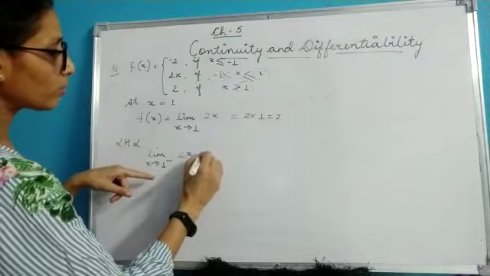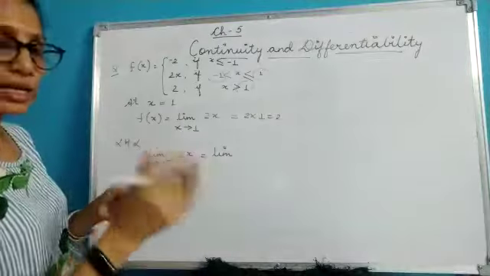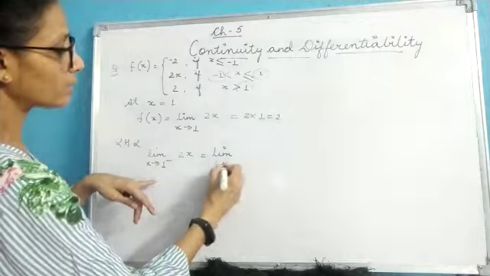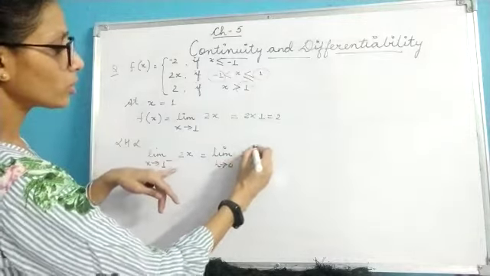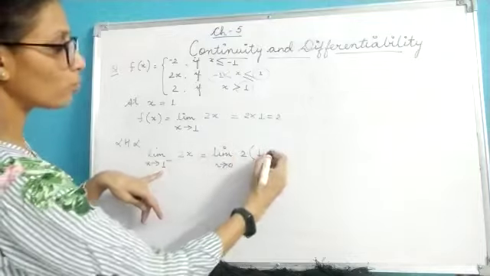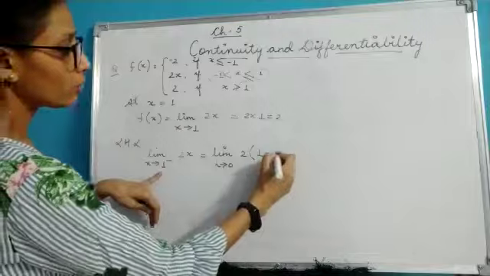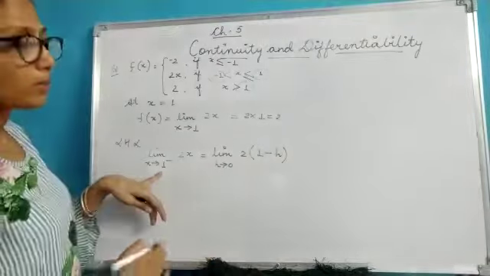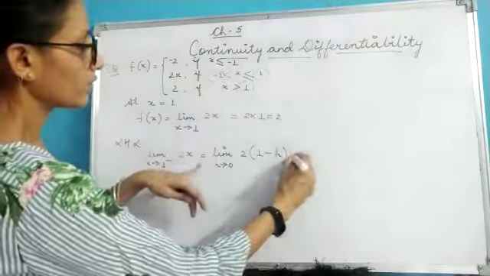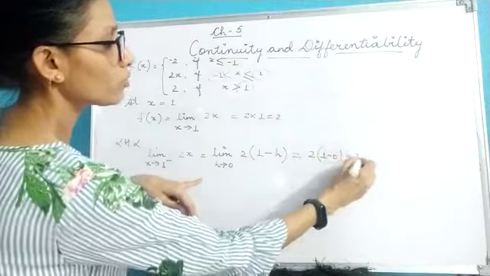But since I am taking x as slightly less than 1, I have to write it as h tends to 0, and for this x the given value is 1, and I am doing it for LHL, so it should be written as 1 minus h. Now putting the limit here, it will be 2 times (1 minus 0), which is equal to 2.